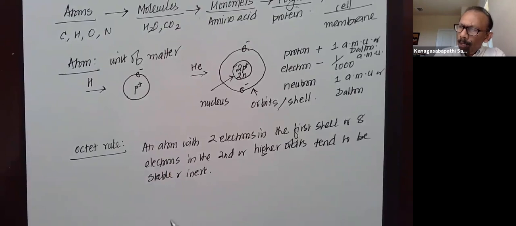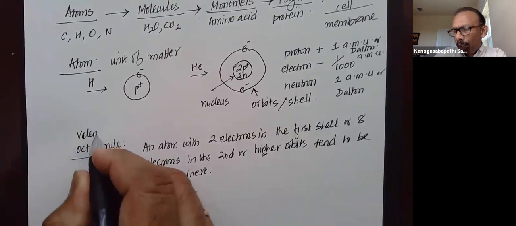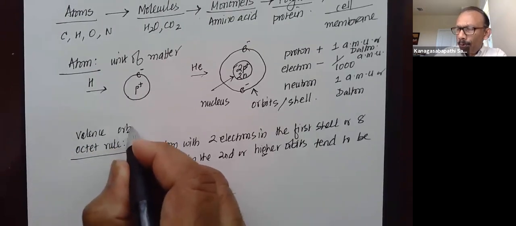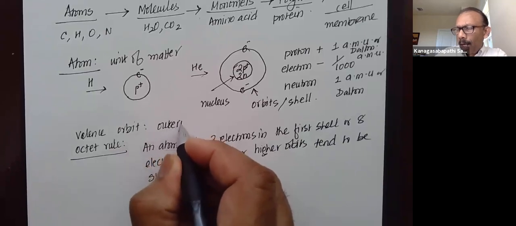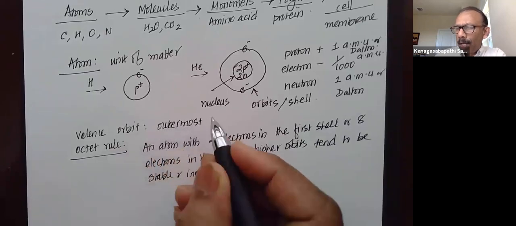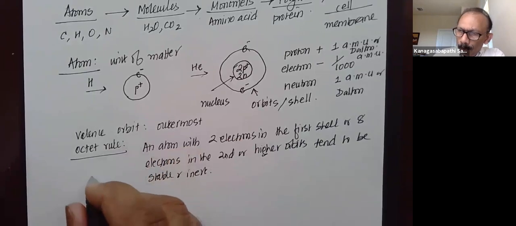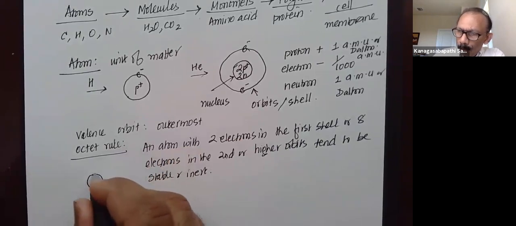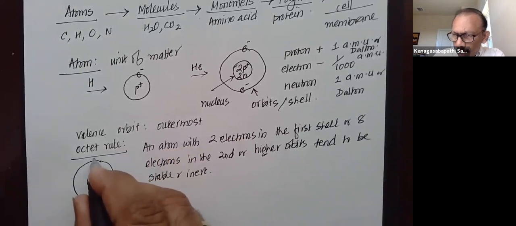And another thing that you want to understand is the valence orbit is the outermost orbit. Okay, so based on that, you can call it a valence electron. As orbits get full, they go to the next orbit. So as you can tell, the first orbit has 2 electrons, and the second orbit has 8 electrons.